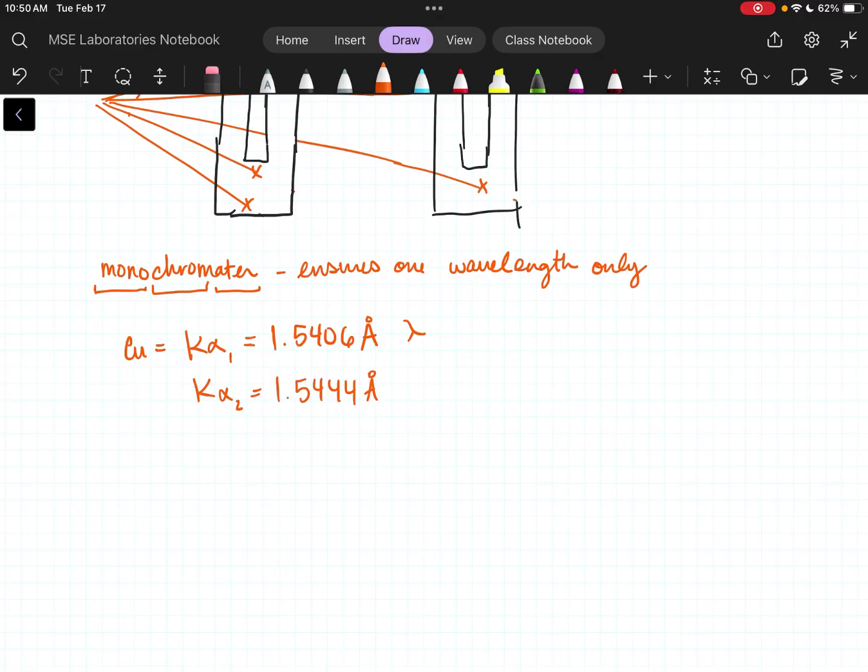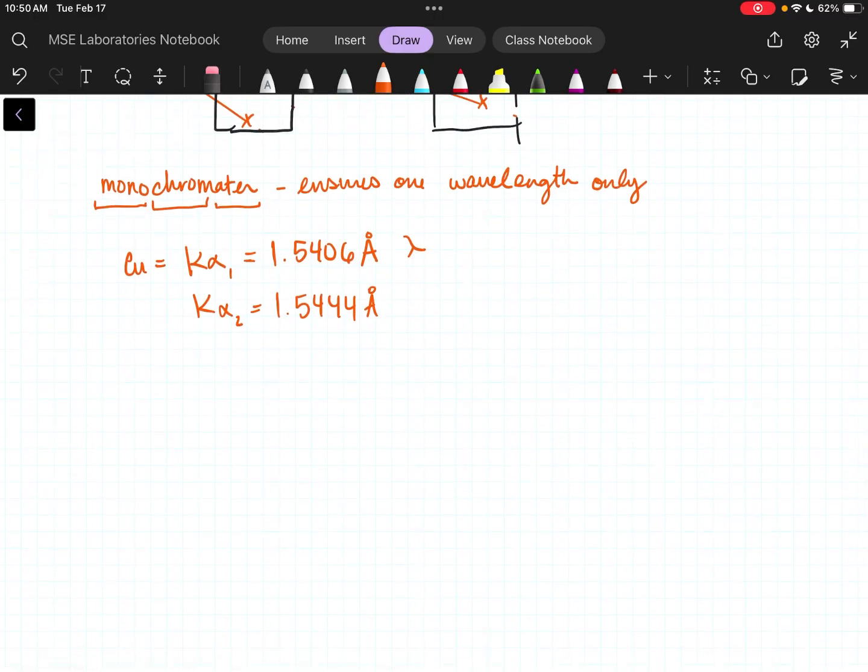So to us, 5406 and 5444 are effectively the same. We will talk in a little bit about why those are not actually the same, but it comes down to physics. They are going to have slightly different interactions with the world around them because one is a little bit bigger than the other. Not by much, but a little bit.